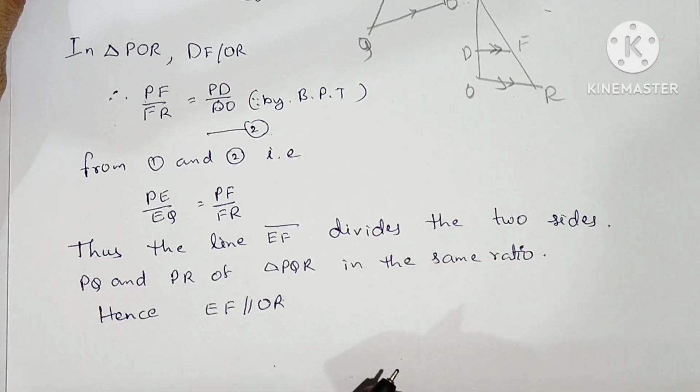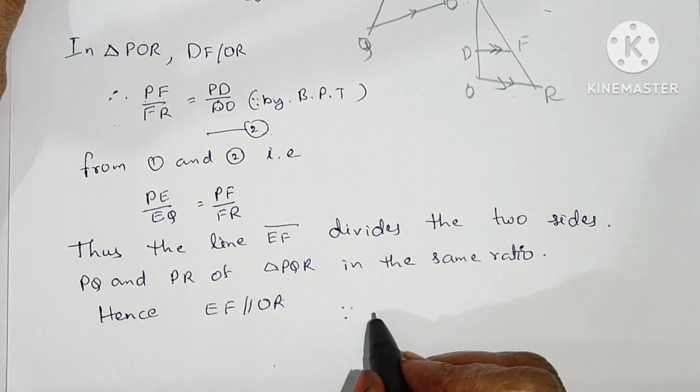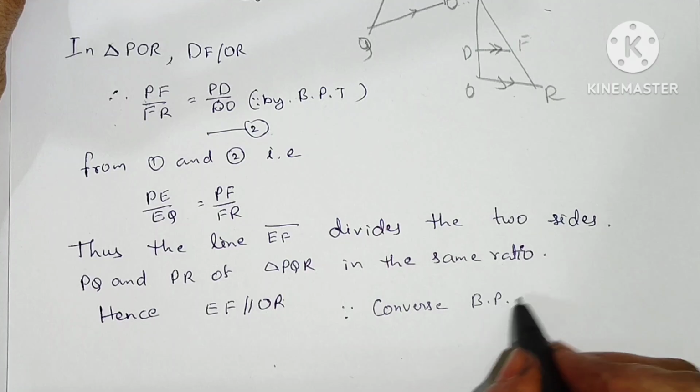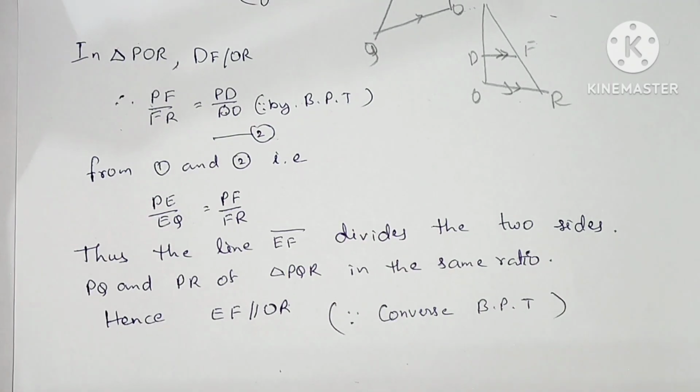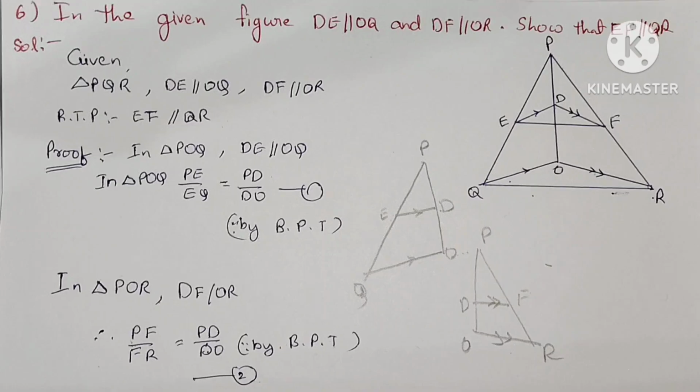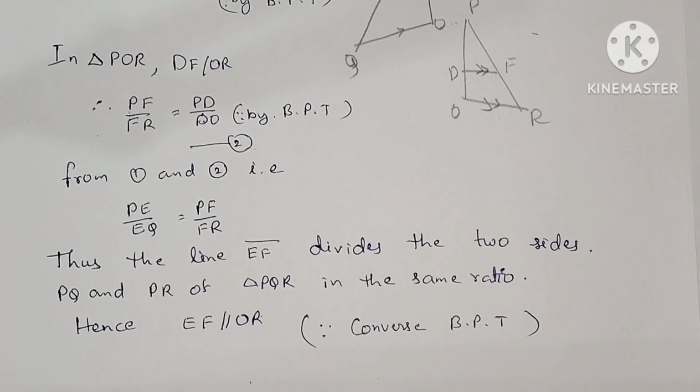So here we use the converse basic proportionality theorem. So this is the complete sixth solution. This is the first half, and next the second half.